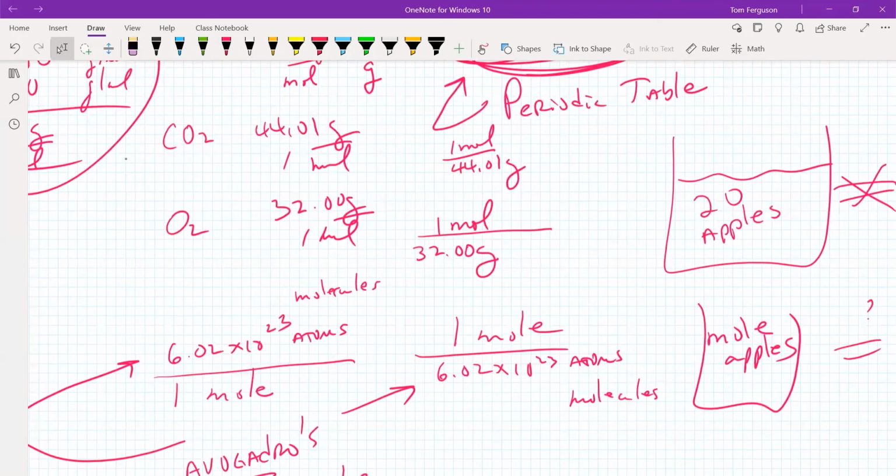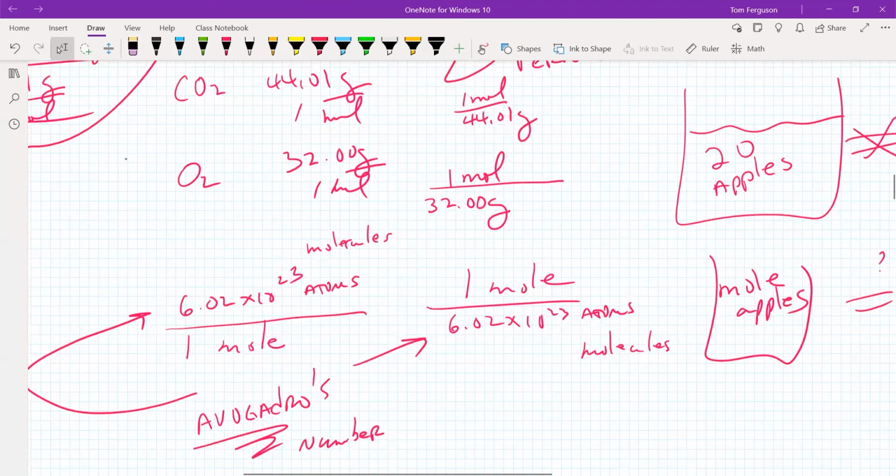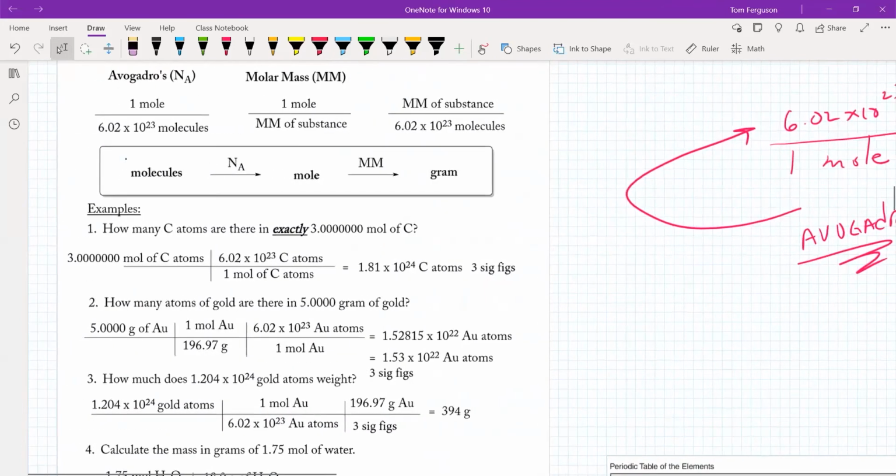So 20 carbon dioxides are going to weigh more than 20 oxygen gases because it's an apple and a grape. They aren't the same thing, because carbon dioxide has a carbon and 2 oxygens, where oxygen gas has 2 oxygens. They aren't the same animal. Hence, they don't weigh the same. Does that make sense? Yes, it does. Okay, all right.